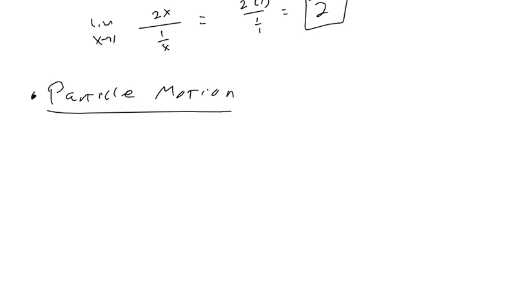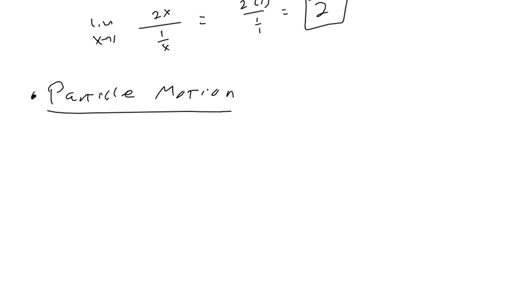This is a good explanation of the kind of topics of particle motion that we need to remember for the AP test. They have some good notes here about particle motion and the different definitions. This one here about speeding up and slowing down, right? But this terminology is probably the most useful thing.